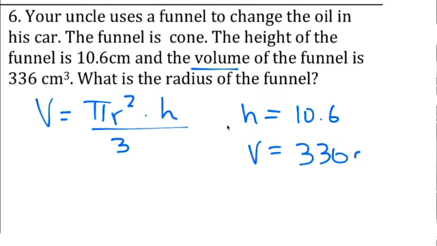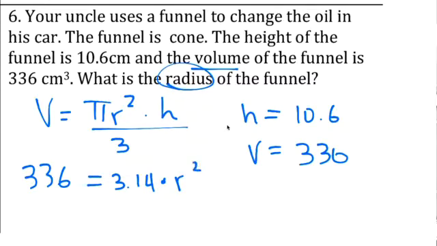Oh, they didn't use pi this time. Okay, so you put 336 equals pi, because they didn't use pi, let's use 3.14 for pi. 3.14 times the radius, we're trying to find radius, squared times the height, which is 10.6. Let's multiply these two together right here.